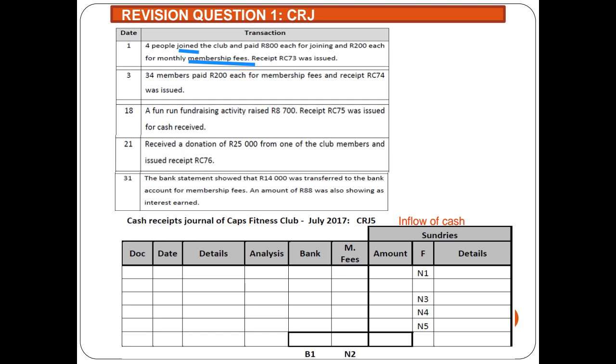Let me change the color, guys, for now, so that it can be nice. RC73. Sorry, guys, it's still coming. Don't worry, it will come. A bit slow today. Let's see.